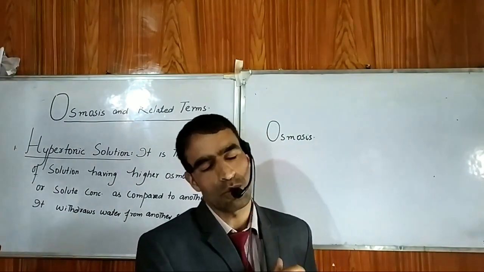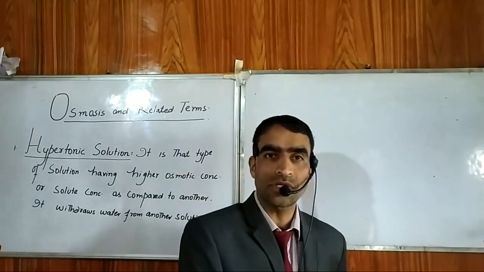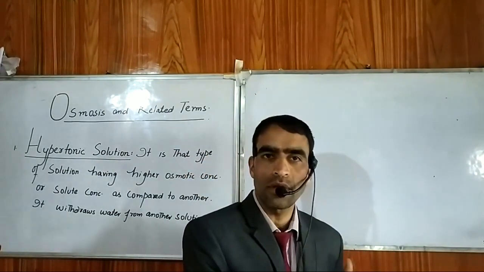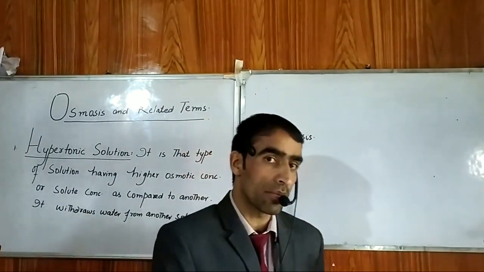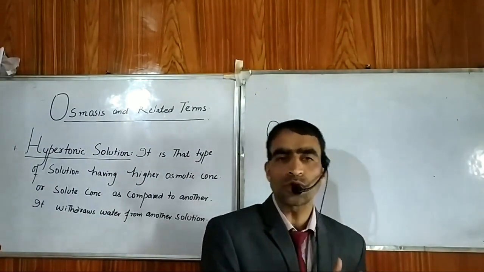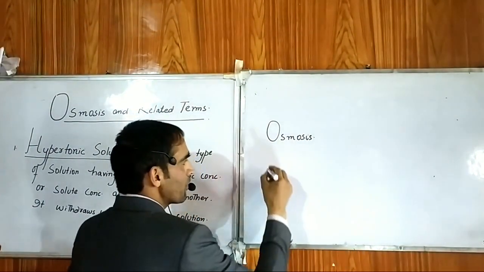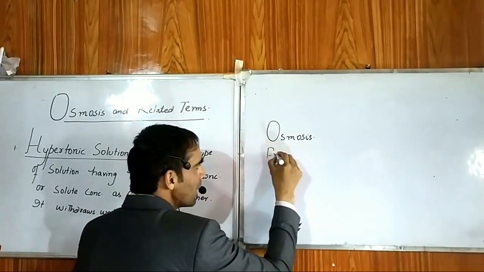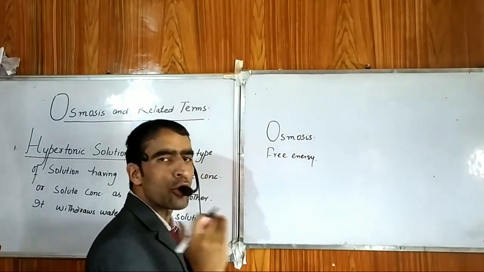Osmosis means the movement of solvent from pure state to solution across a selectively permeable membrane or semi-permeable membrane. We also discussed that it is movement of water from higher free energy state to lower free energy state across a semi-permeable membrane.